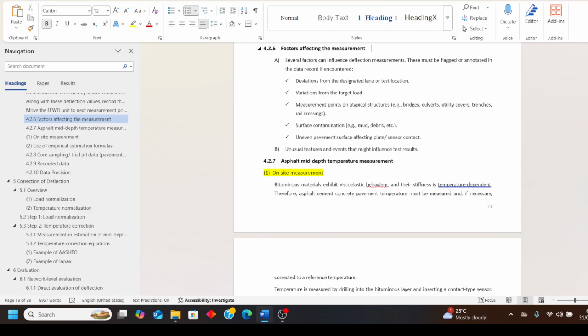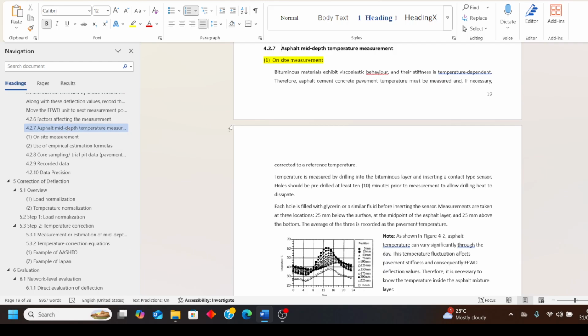Then we have the asphalt mid-depth temperature measurement. It has a procedure for site measurement, which is quoted in this manual. And what is this procedure? It says to drill a small hole into the pavement up to mid-depth of the asphalt, and then insert the temperature probe, with the hole filled with glycerin to ensure good contact.